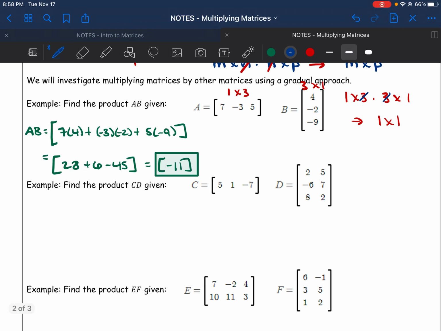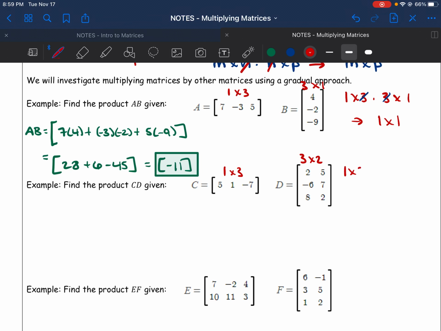So now we want to find the product C times D. In this example, C, just like A in the previous problem, is going to be a 1 by 3. But now, instead of multiplying by a 3 by 1, we're going to multiply it by a 3 by 2. So let's get an idea of what the product will look like.